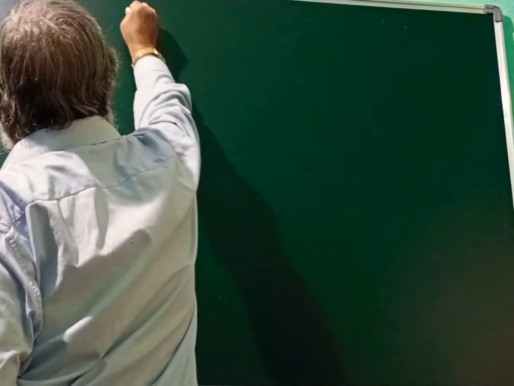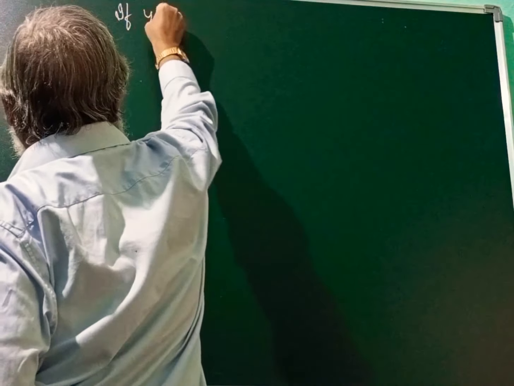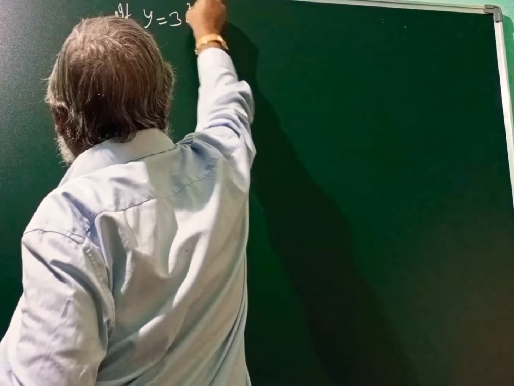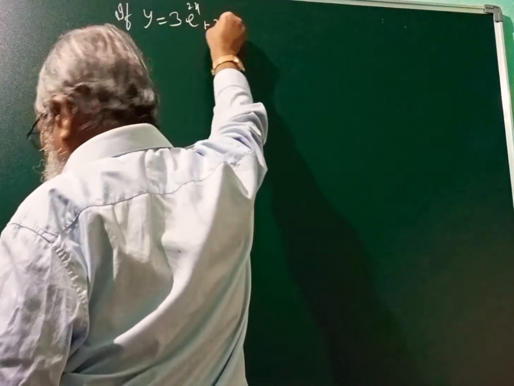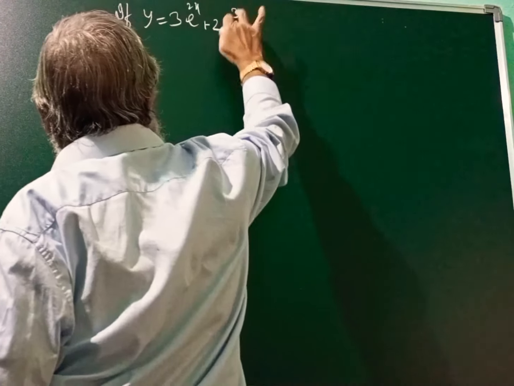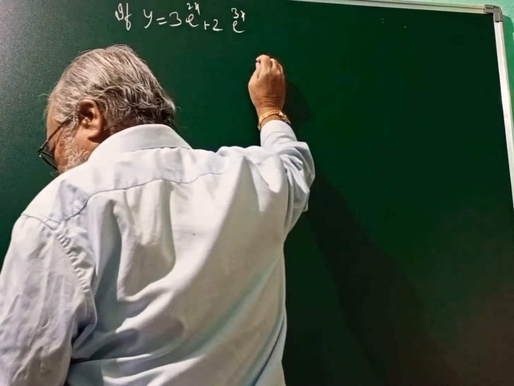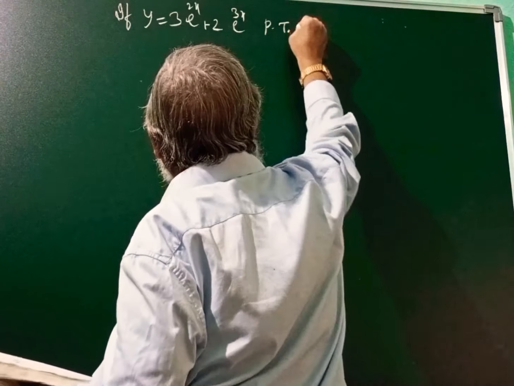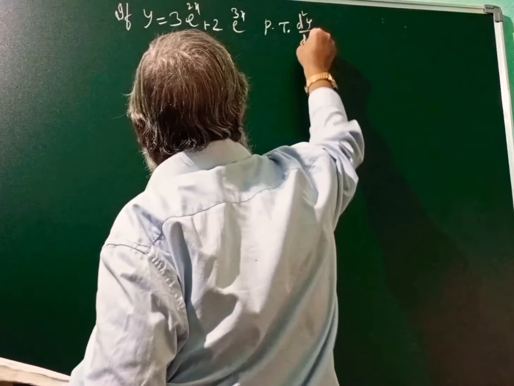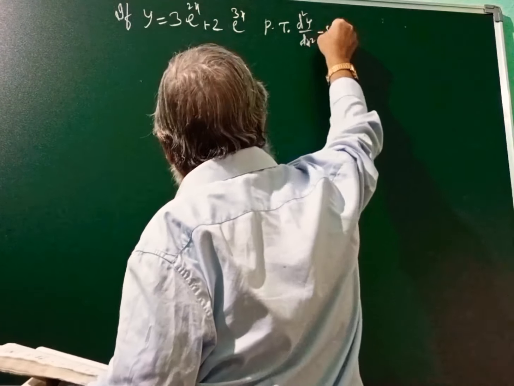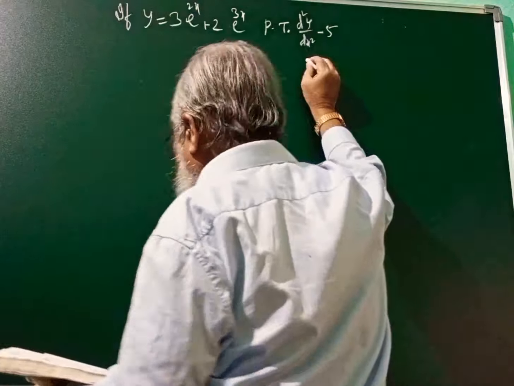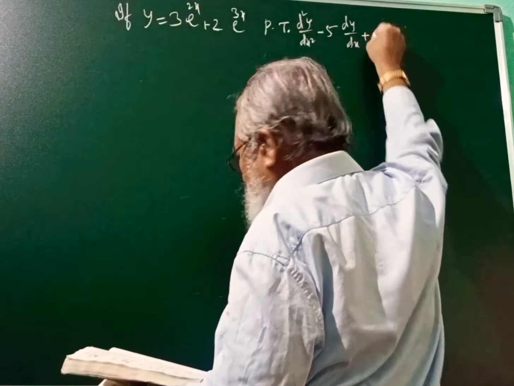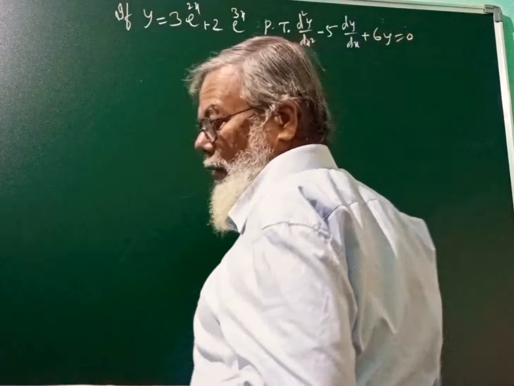If y is equal to 3e raised to 2x plus 2e raised to 3x, prove that d square y by dx square minus 5 into dy by dx plus 6y is equal to 0.